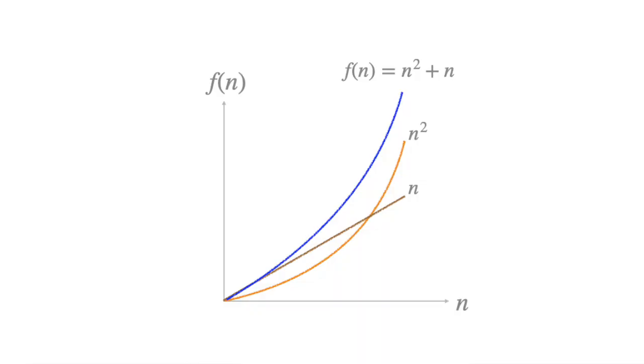Last thing, suppose I have a combination of a linear function and a quadratic function, for example n squared plus n. Here's the interesting thing. The change in my output, I can decompose as the change because of the n squared term and the change because of the linear term. And again, we know that the change in n squared increases as n increases.